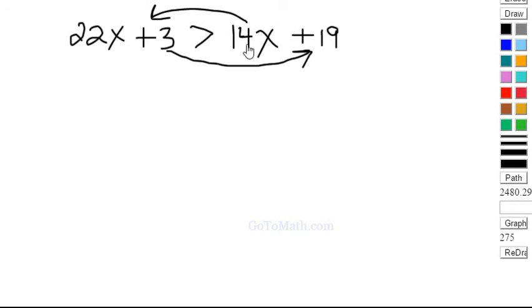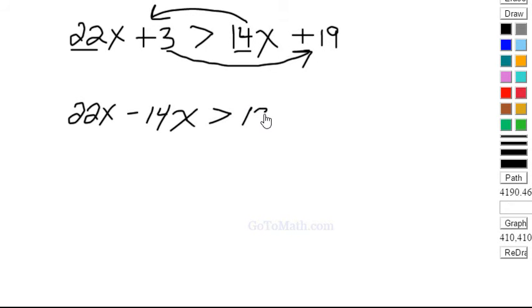The reason we're doing that is because 14 is less than 22, so this way we don't deal with any negative numbers. So we have 22x minus 14x is greater than 19 minus 3.